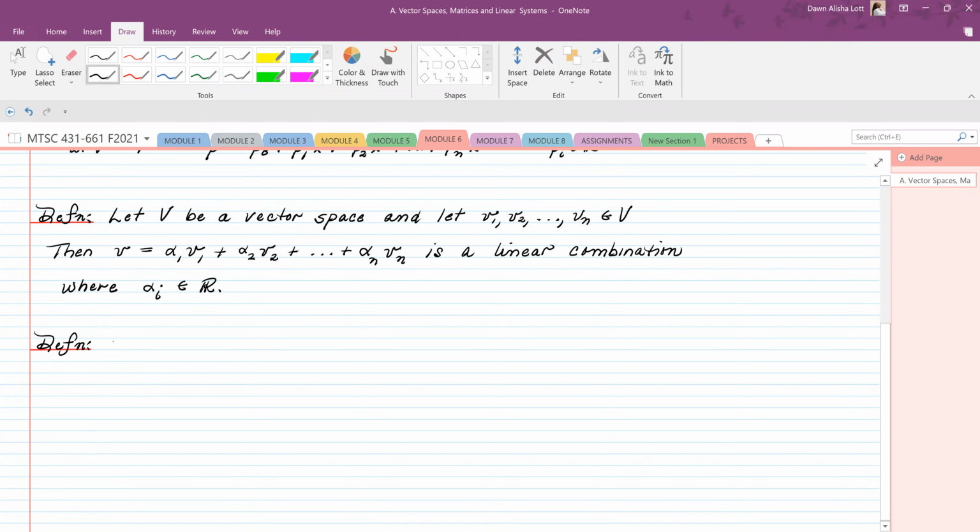All right, so let V be a vector space, and let the set Vi, i equal 1 to n, be elements of V. That whole set, no, I can't do it like that.